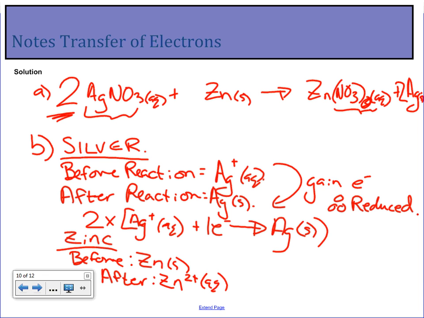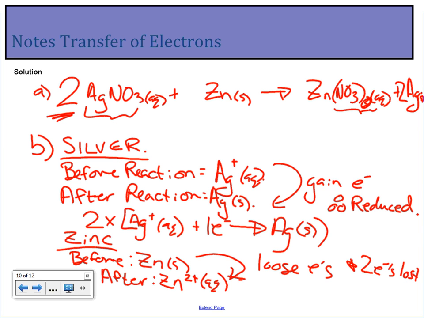Okay, so to go from here to here, it must lose electrons. More specifically, 2 electrons are lost.